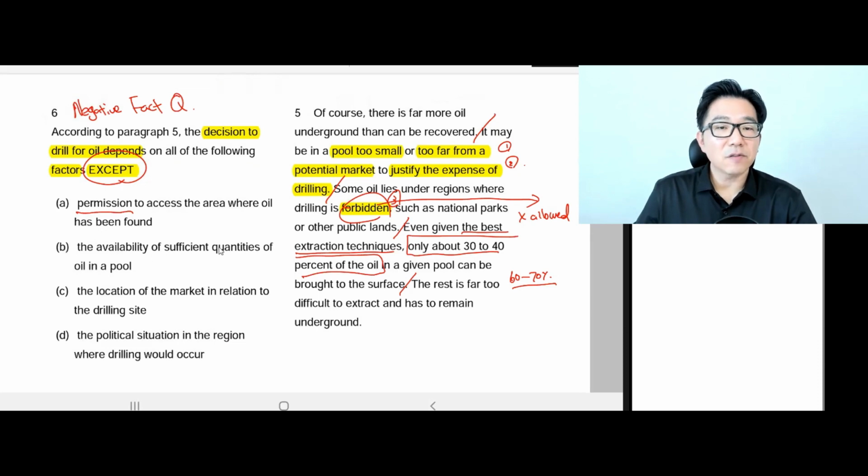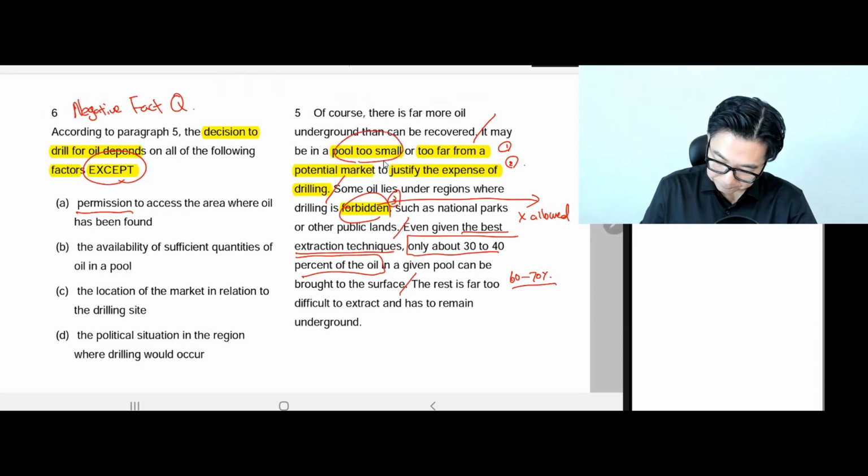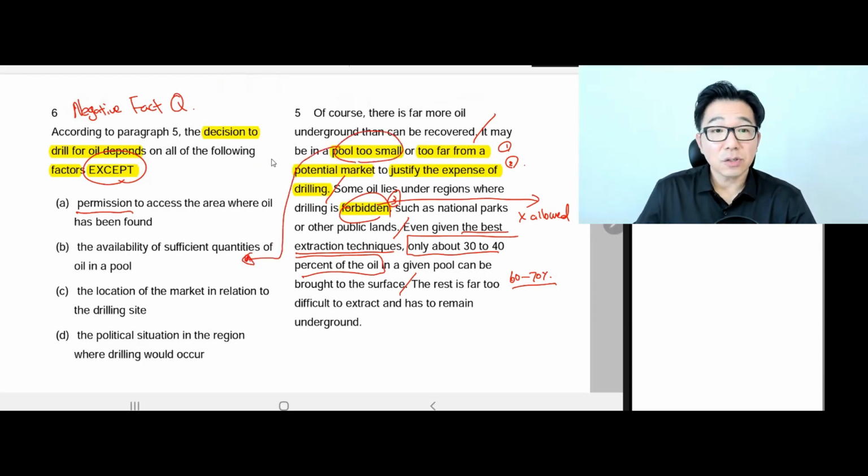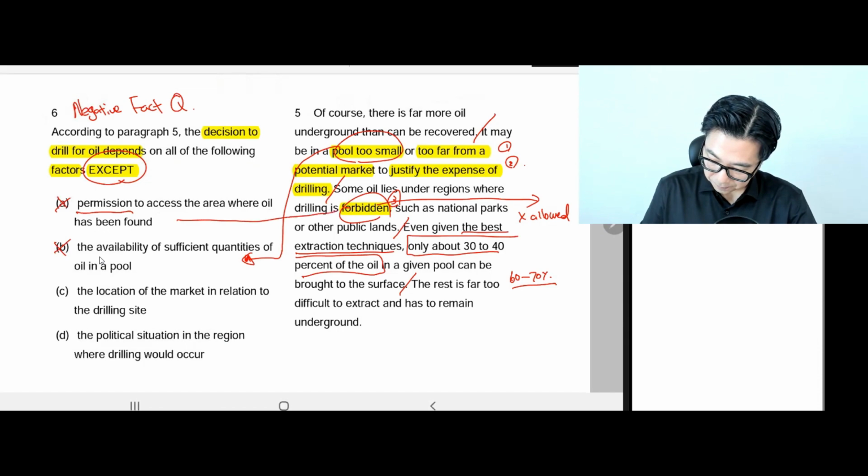B, availability of sufficient quantity of oil in a pool. Yeah, the first one, paraphrased. It's the right information, so it's not the answer. C, the location of the market in relation to the drilling site. Yeah, where the market is matters.